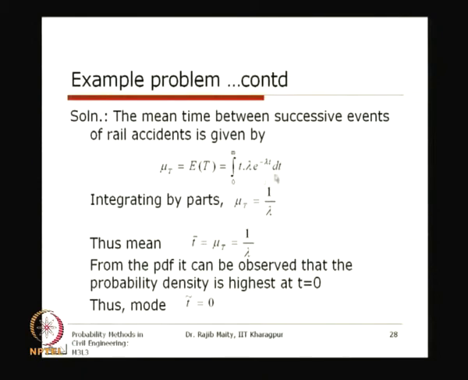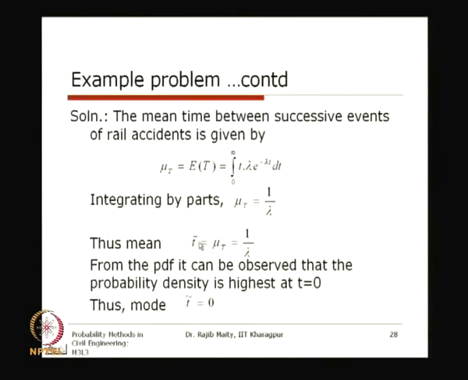A few slides before, we discussed how to estimate parameters; it is one of the methods, but that is not the context here. We are just getting what the mean is for this distribution. So, the mean or expected value of that random variable is 1 by lambda.